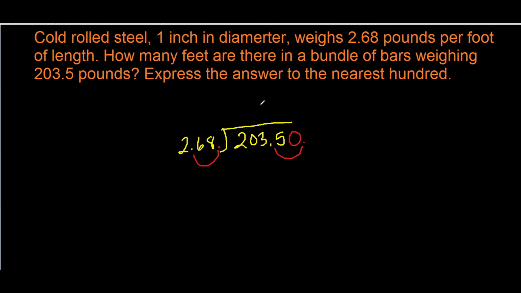crunching the numbers. So 268 won't go into 203, but it will go into 2035, and it will go 7 times. Now we could do all the math like I did before, but I'm not going to. The number 268 times 7 comes out to be 1876.